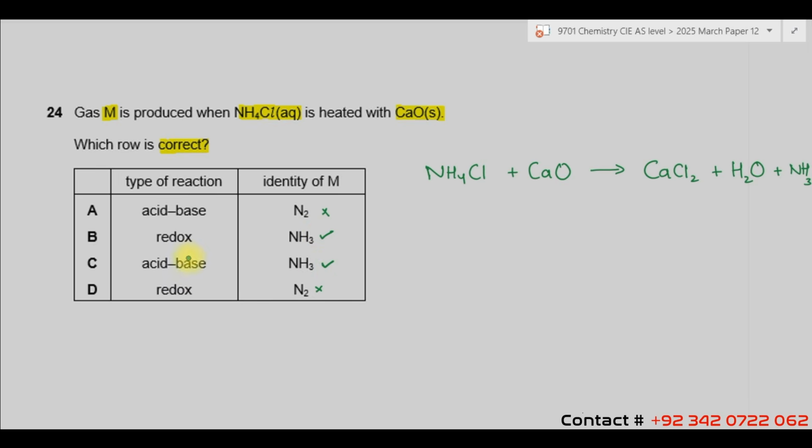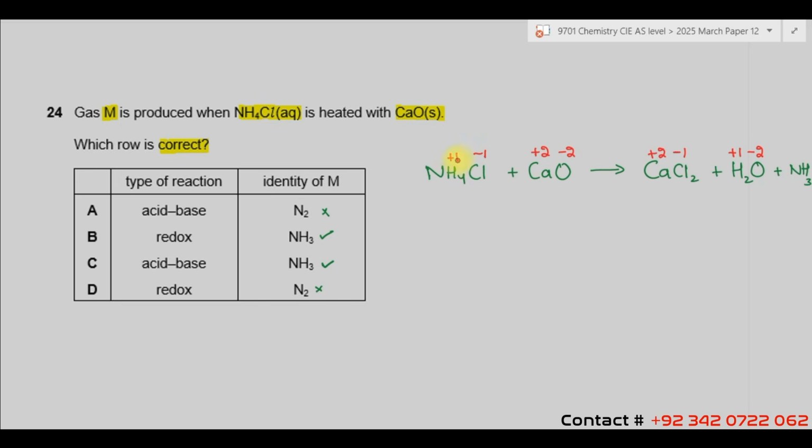Let's find out whether it's a redox reaction or acid-base reaction. In redox, we have oxidation and reduction. So let's find out oxidation states. Simple one is Cl is -1, calcium is +2, oxygen is -2, +2, 1 chlorine is -1, 1 hydrogen is +1, 1 oxygen is -2. So there is no change in these oxidation states.